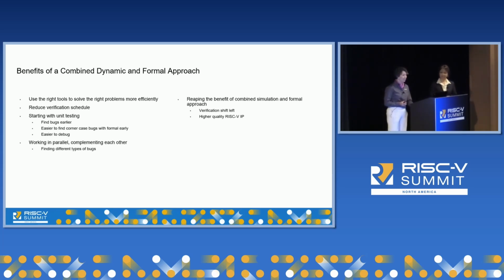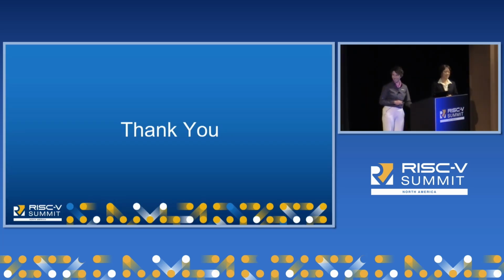As we move to the ISA level, custom instructions and processing subsystems, dynamic and formal techniques can be used in parallel, complementing each other by finding different types of bugs. Overall, by employing a combination of different techniques, we can shift the verification task earlier in the development cycle, and by finding bugs earlier, achieve higher quality RISC-V processor IP. That's the conclusion of our presentation. Thank you for your attention.